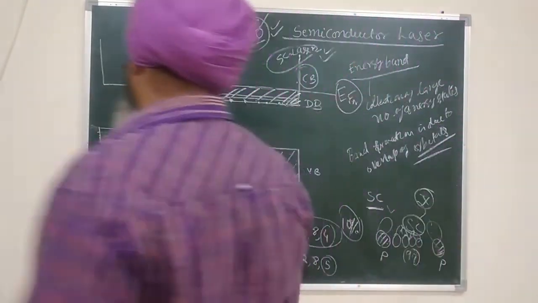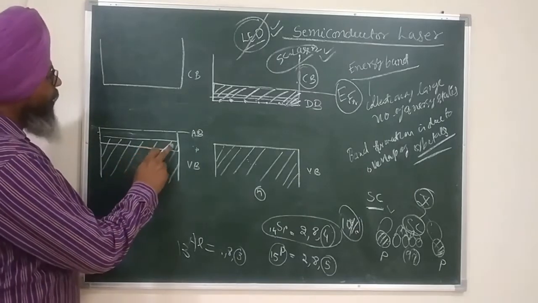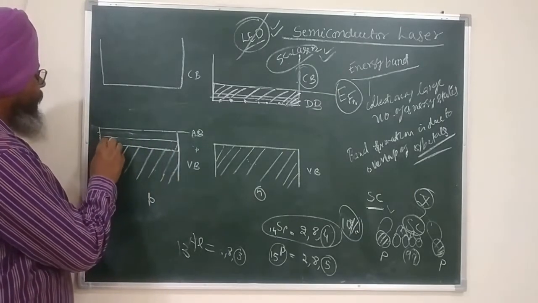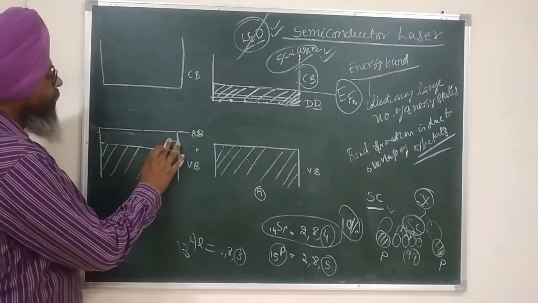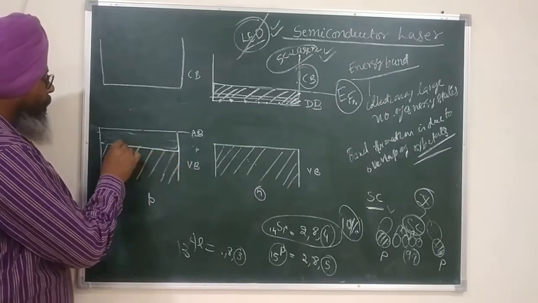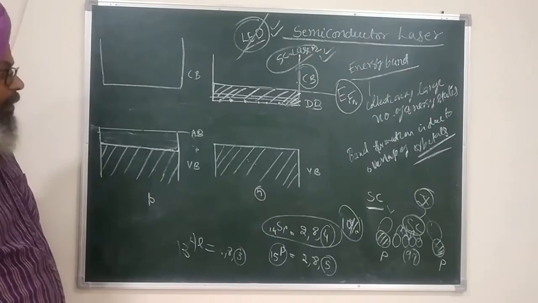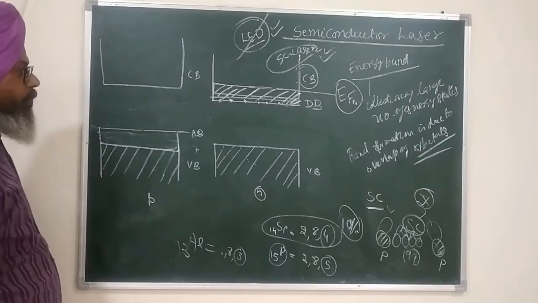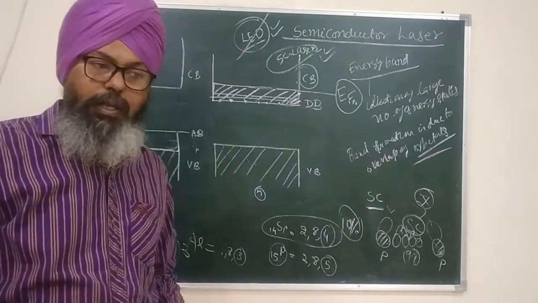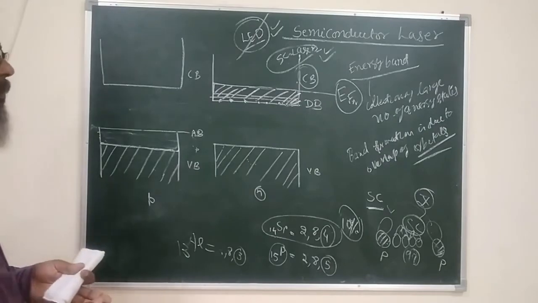Similarly, when the acceptor level expands and becomes a band, then you know that it will always be an empty level. So when it expands and becomes a band, it will again become an empty band. Therefore, the top portion of the valence band will be empty. Now kindly remember, because of high concentration, some portion of the valence band and some portion of the conduction band have acquired contradicting properties.